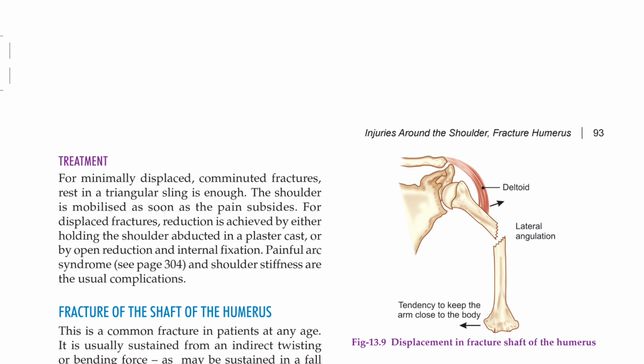For displaced fracture, reduction is achieved by either holding the shoulder abducted in a plaster cast, shoulder abduct करके रखें, or by open reduction and internal fixation. Painful arc syndrome and shoulder stiffness are the usual complications.